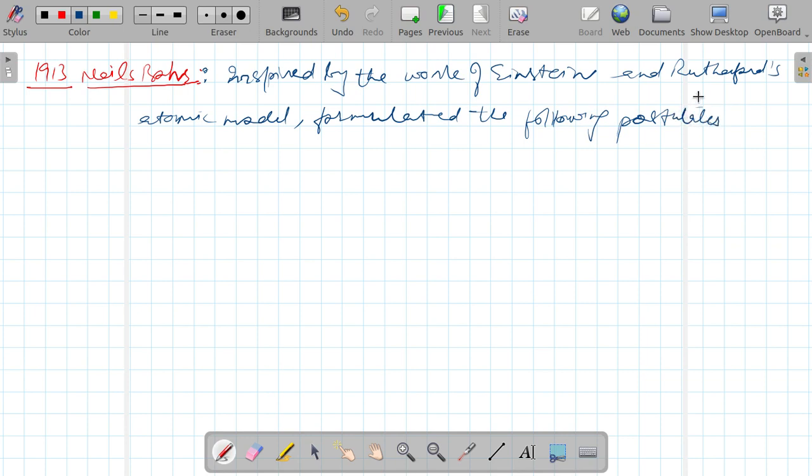So first is the existence of stationary states.